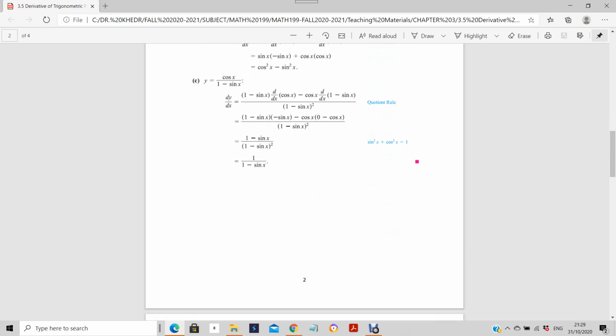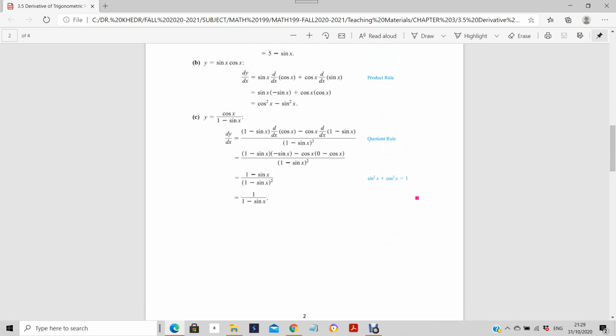The next function is y equals sine x times cosine x. We will use the product rule. Again, the derivative of y will be sine x times the derivative of cosine x plus cosine x times the derivative of sine x. And the final answer will be cosine square x minus sine square x.